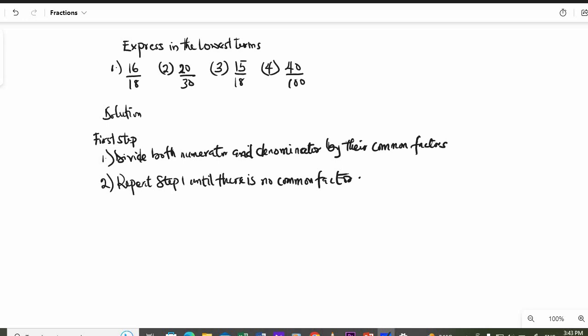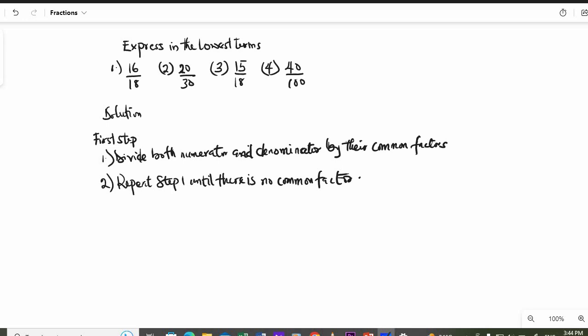Now, remember, a factor is a number that can divide another number exactly without a remainder. Okay, so it's called a common factor when it is common to both the numerator and the denominator, meaning that it can divide both without leaving a remainder.